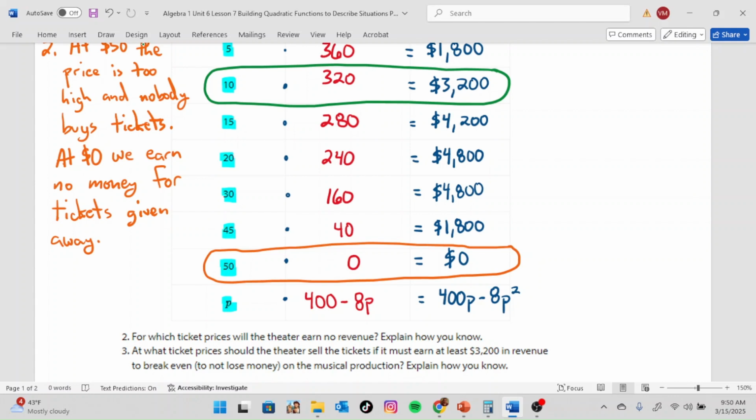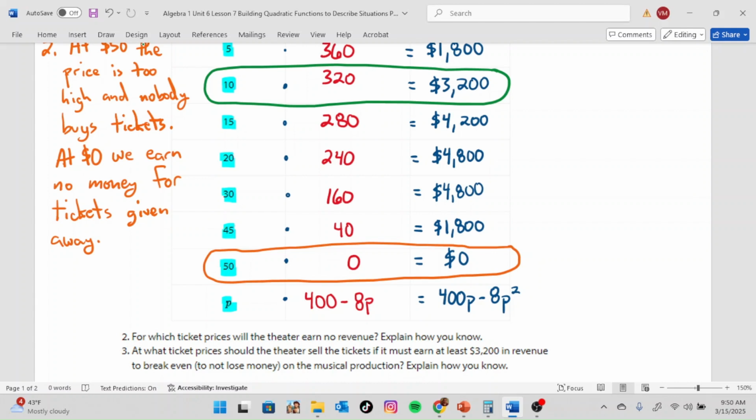If you notice, when we had $1,800 at the top, it was for $5 tickets. And when we went up $5, we got the $3,200. So I'm going to assume that I could do the same thing here. $45 tickets get me $1,800.